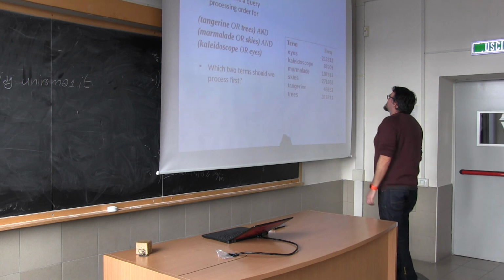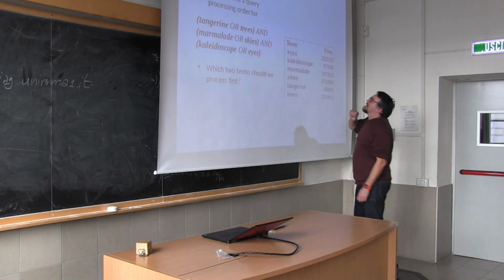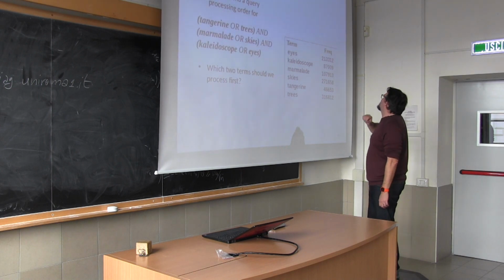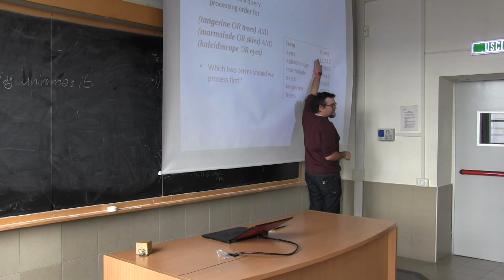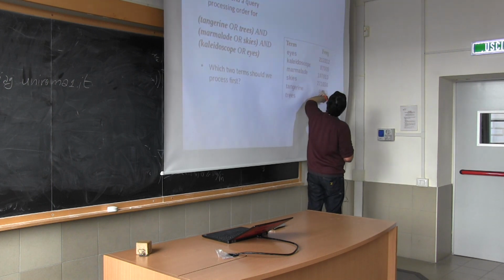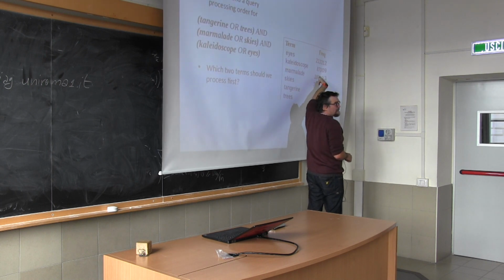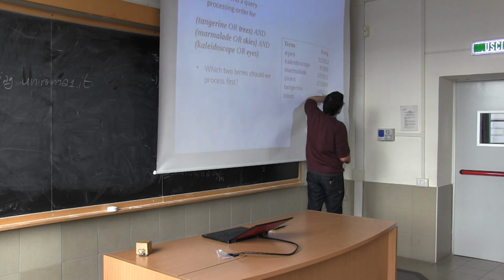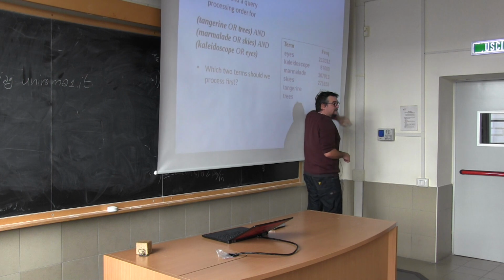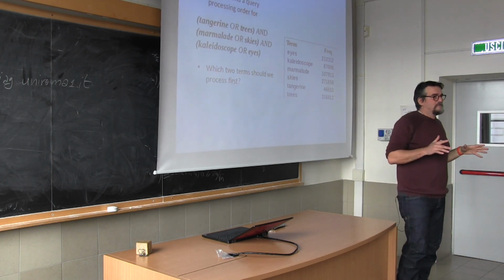So tangerine or trees is this. Kaleidoscope or eyes seems to be the smallest, right? Roughly. So I will do first this one, then this one, and then this one. Making the AND first of this and this, and then with this. Why? Because here I'm putting together both the observations we made before.